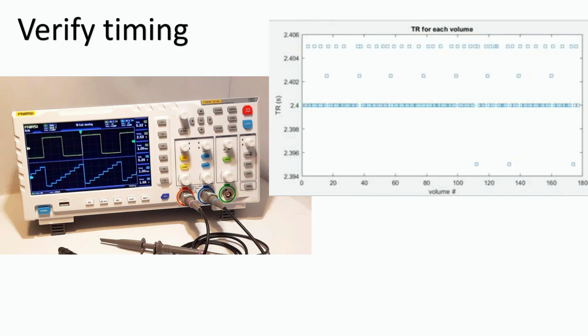That's what I was talking about, the verification. You get these TR by TR kind of triggers. You have an oscilloscope. A lot of the newer ones can record all of the triggers that come in, so you can save the data and look at it to verify not only the timing, but also when your cables start to break down.